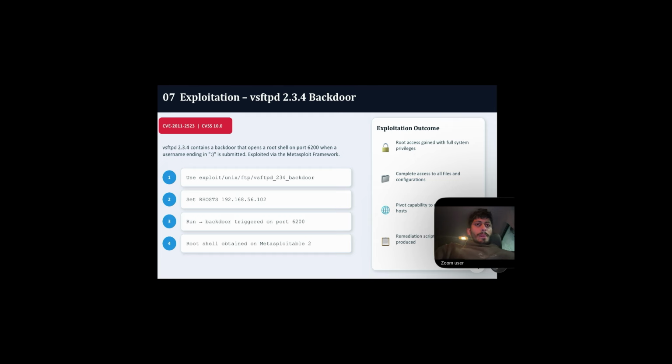As part of our responsible penetration testing, we also created a remediation script that can be used to harden the vulnerable system and reduce future security risks. This step demonstrates how a single critical vulnerability can lead to a complete system compromise if it is not properly managed.